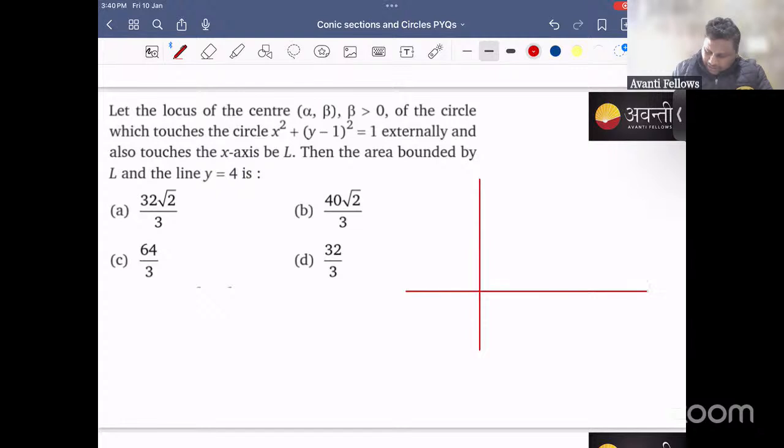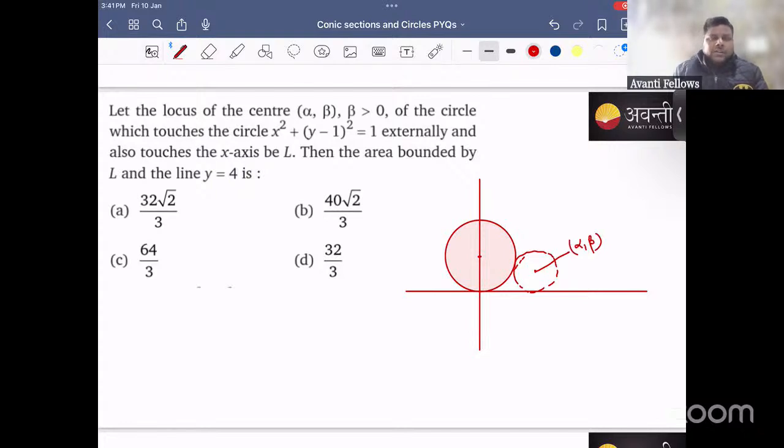Now there is a circle with center (0, 1) and radius 1. Now there is a variable circle which is touching this circle externally and also touching the x-axis. So something like this is going on, and its center is alpha, beta.